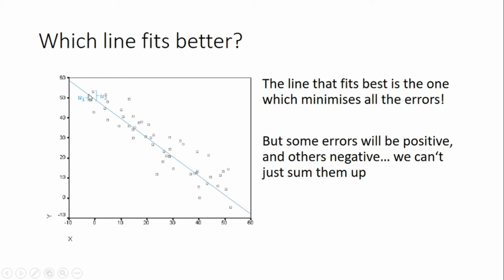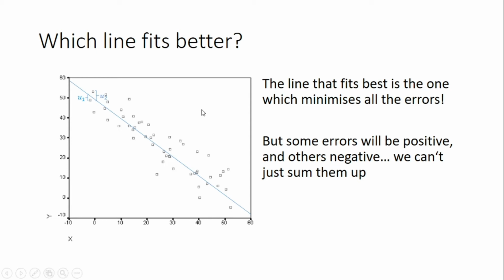To give an example, have a look at that blue line again, and we see that the error term here is negative, right? The fitted value is above what the actual value is. But then we have the opposite case here. So these errors will begin to cancel each other out, and they could perfectly cancel each other out, even though it is not a perfectly fitting line.